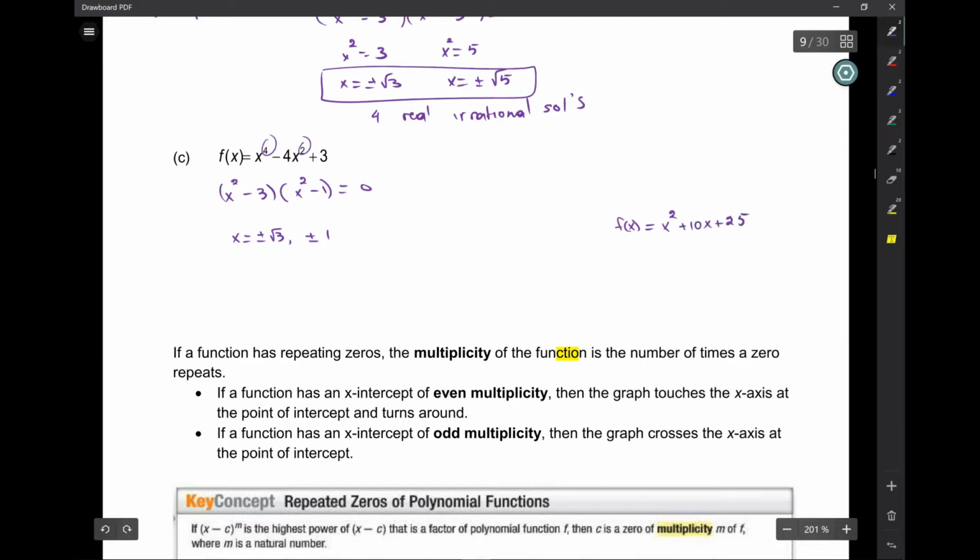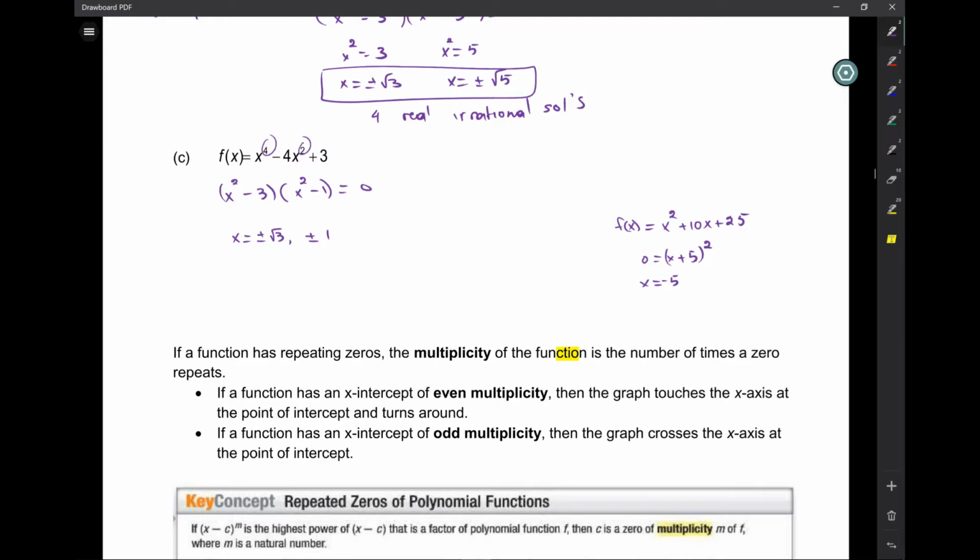How does this factor? X plus 5 squared, right? So then what's x? Negative 5. Okay, so it should have 2 solutions. We got 1, but it's a repeating one because it's x equals negative 5 and negative 5, right? So that's a repeating 0.